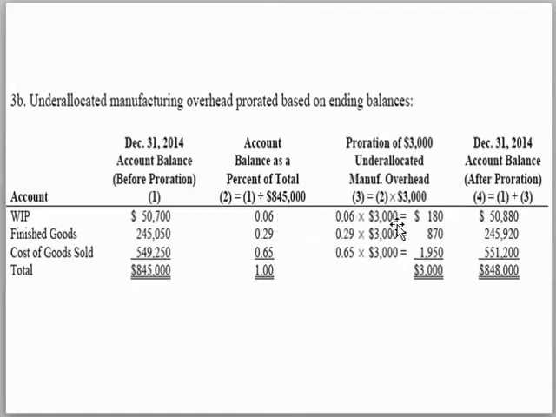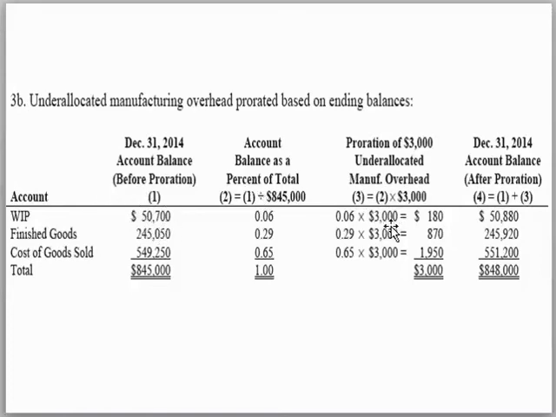0.06 multiplied by 3,000 equals 180, and 0.29 multiplied by 3,000 equals 870, and 0.65 multiplied by 3,000 equals 1,950. So we will divide the amount of under allocation among the three accounts. Because it is an under allocation, we will add this amount to the ending balances.